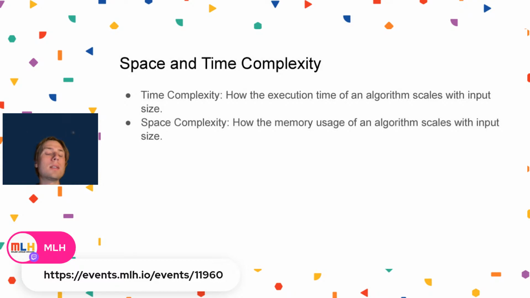A lot of the times, another big constraint that we have in computer science is space. And you want to know, if I have a huge piece of data, how much space do I need to actually get the work done?